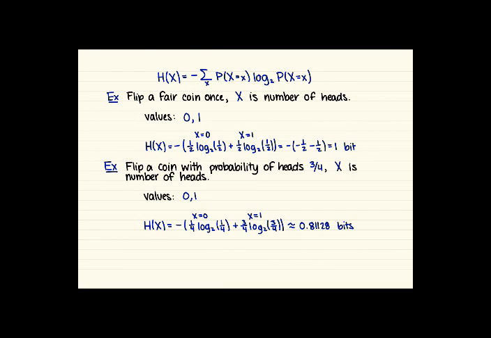So we can see that the entropy for this random variable is smaller than the entropy for the first example that we did, which is consistent with what we said about uncertainty for a fair coin versus a weighted coin. So we've got more entropy when the probabilities of the outcomes are more uniform, or in this case, when they're equal.